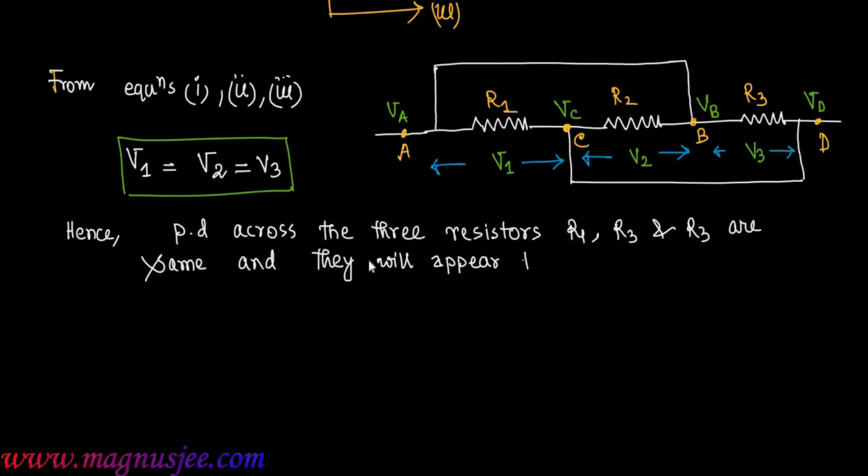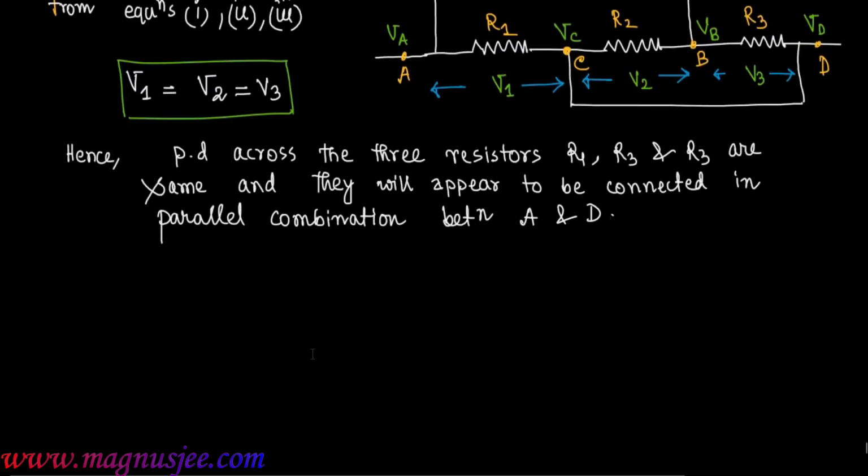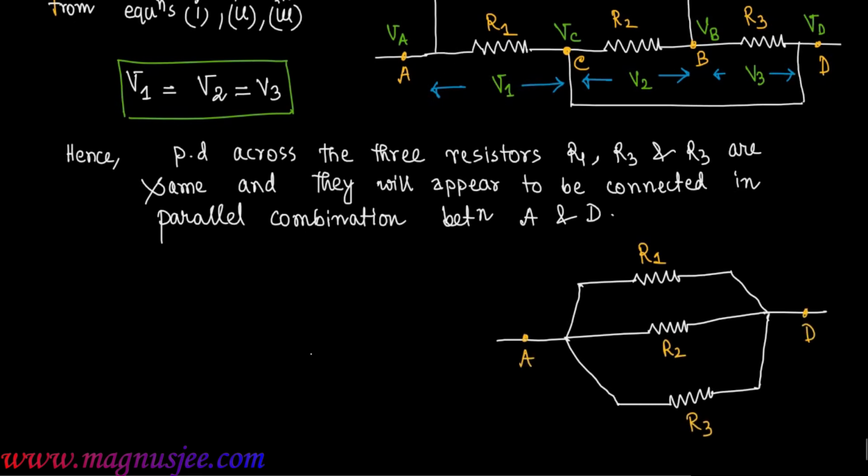They will appear to be connected in parallel combination between the two points A and D. We can draw the parallel combination of these three resistors R1, R2 and R3 between the two points A and D. As the potential difference across the three resistors is the same, they appear to be connected in parallel.